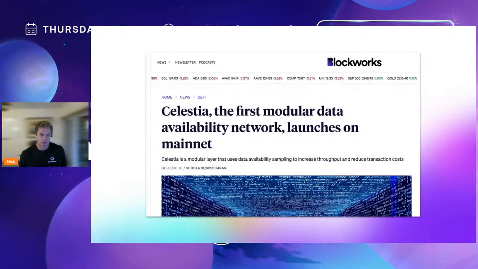So anyway, where are we on the evolution of modular blockchains, on the path to 1 million rollups? Well, Celestia, after its white paper was published in 2019, launched in 2023. This is a landmark launch in the sense that it's the first time data availability sampling has been implemented and is working on a live network.